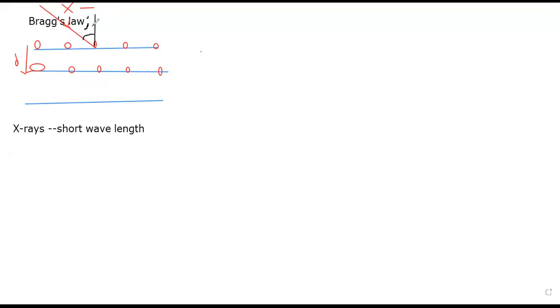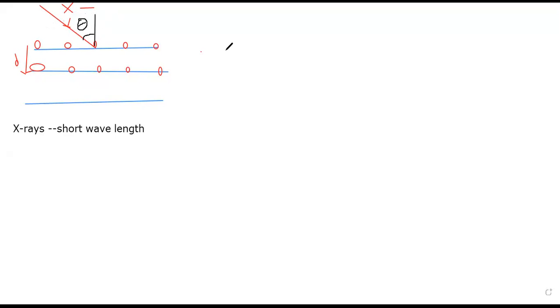Generally we denote it with i. Now I represent this angle of incidence with theta.